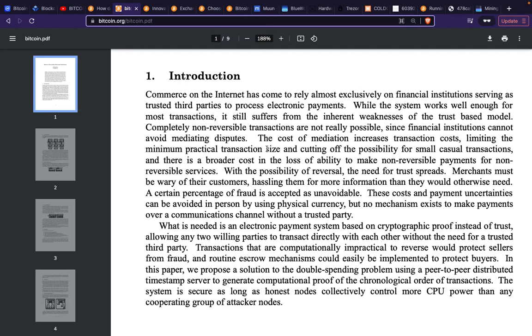With the possibility of reversal, the need for trust spreads, because everybody's using Mastercard and Visa. We have this problem where we need this kind of trust on the internet, right? You have to get somebody to trust. But in the physical world, if I have cash, I can just send it to somebody and they give me the service or the product.